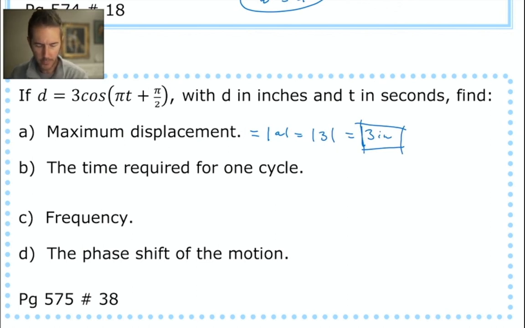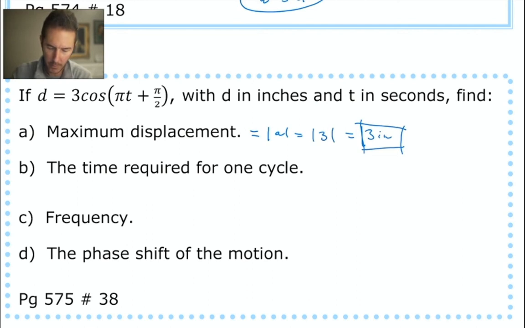The time required for 1 full cycle, not a half of a cycle, like we ran into in the previous problem. And I know that part B here is asking me for the period because part C is asking me for the frequency. So I'm glad that that was there so that I make sure I'm answering the correct question.